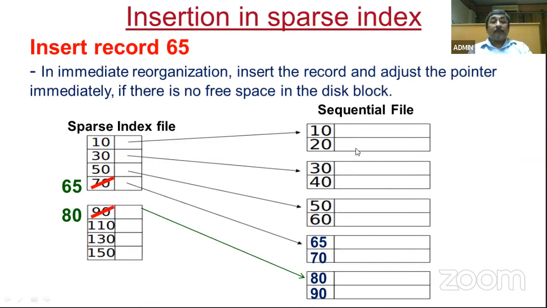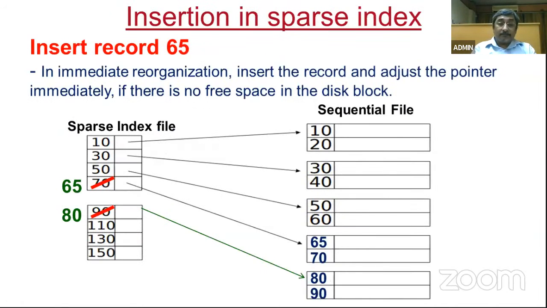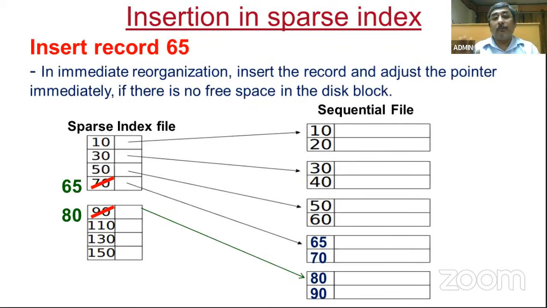It says that I want to insert a record whose search key is 65. Now search key 65 means I cannot store it in this particular block. This block is full, 50, 60. Now originally this block was 60, 70, 80, so 70, 80 was also full, no? So two ways I can do it.